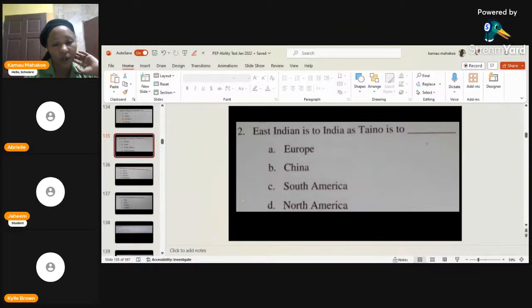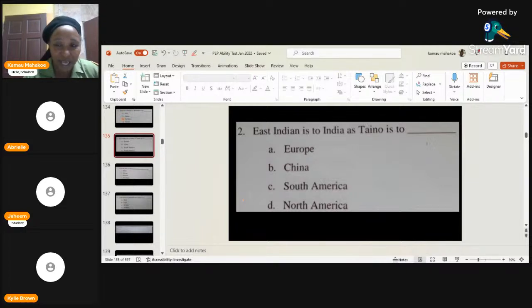All right. So what's the relationship between East Indian and India? The East Indians came originally. The East Indians who are in the Caribbean now originally came from India.